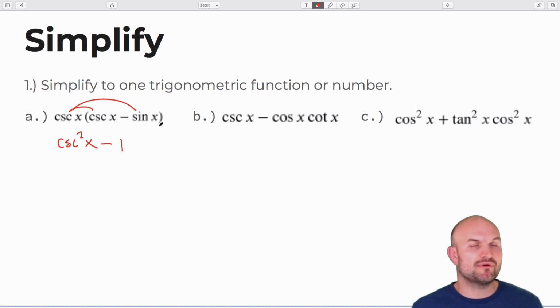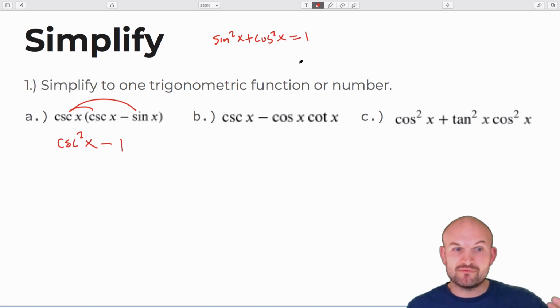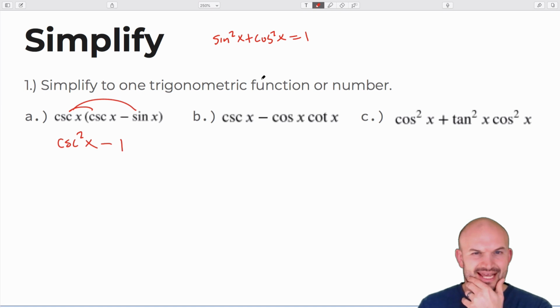Now we just need to remember our Pythagorean identities. I always get these mixed up too, so I'm going to write sine squared of x plus cosine squared of x equals 1. That one I have memorized. If I wanted to obtain cosecant, that means I'm going to divide by sine.